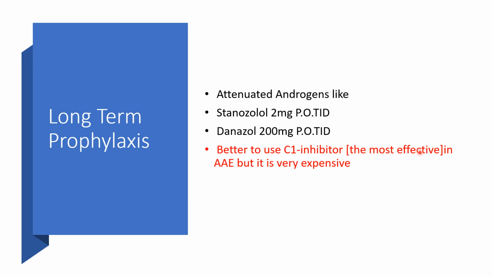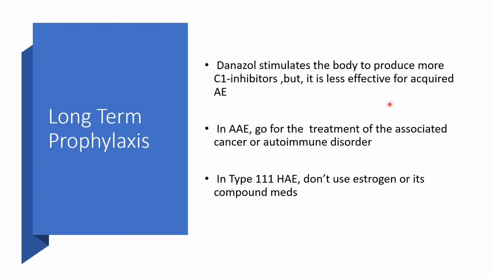That is the most effective in acquired angioedema, but it is very expensive. Danazol is expected to stimulate the body to produce more C1 inhibitors, but it is less effective for acquired angioedema.